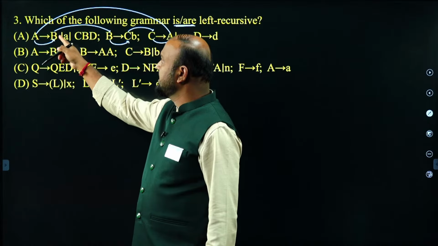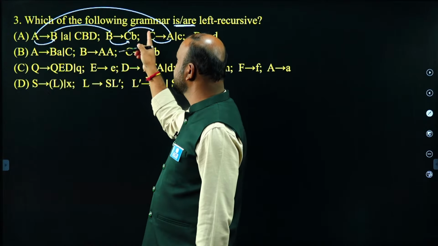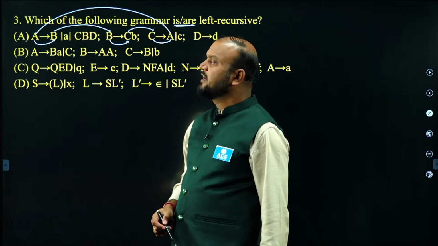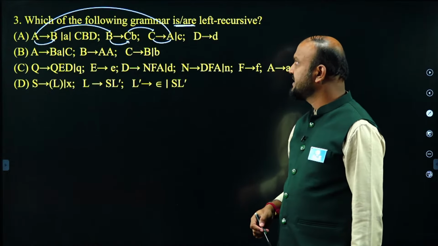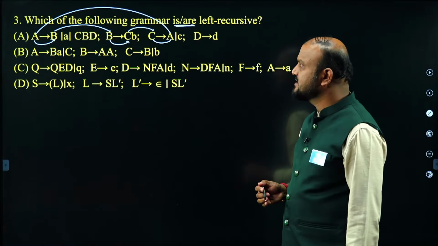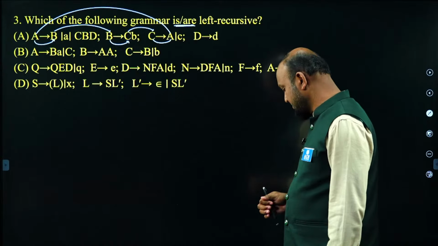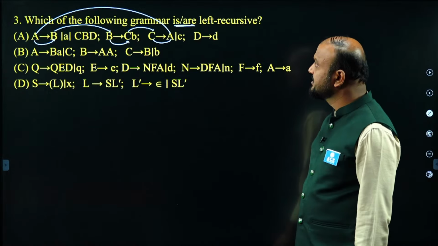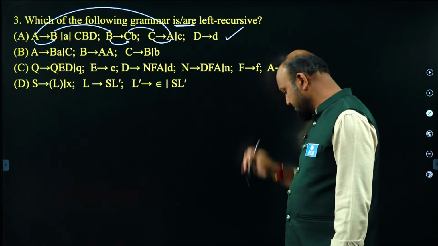A deriving B, B deriving C, C deriving A, again A derives B. So in option A, we have a left recursion. But it is not direct left recursion, it is called indirect left recursion. The question is which of the following is having left recursion? So option A is left recursive.